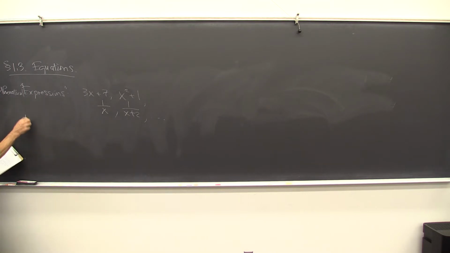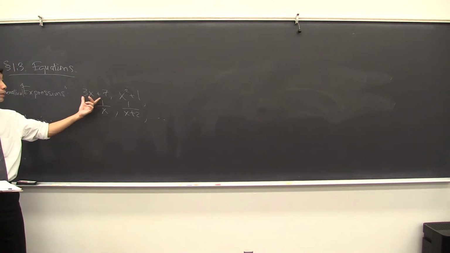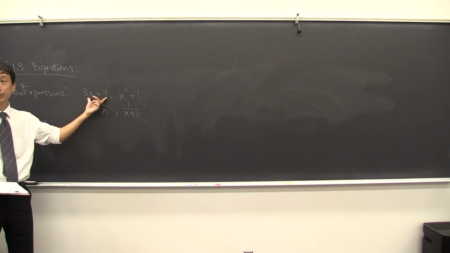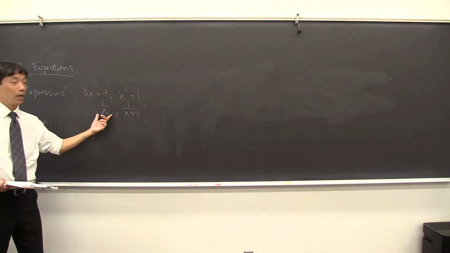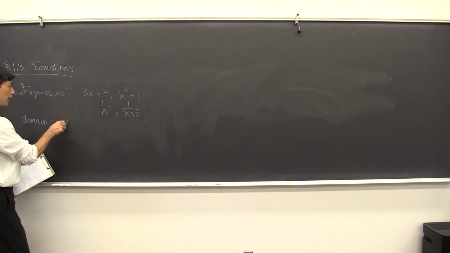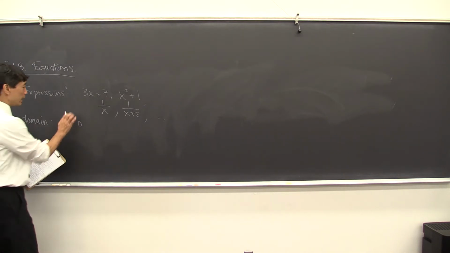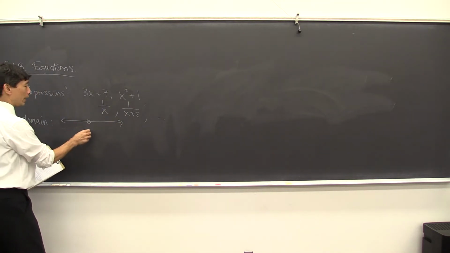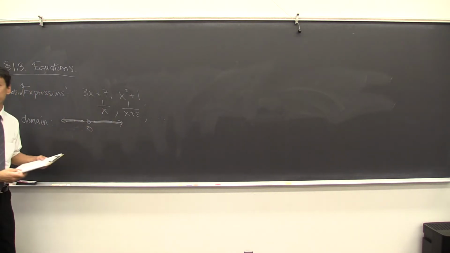One is domain. If we're thinking about an expression, what we mean by the domain is all values of the variable that are reasonable. For example, in 1 over x, x cannot be equal to 0. Your domain is the whole real line excluding 0.